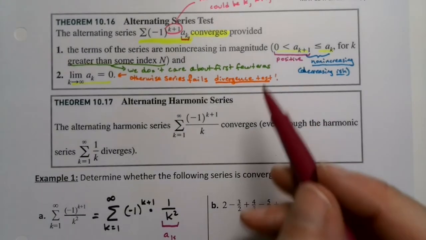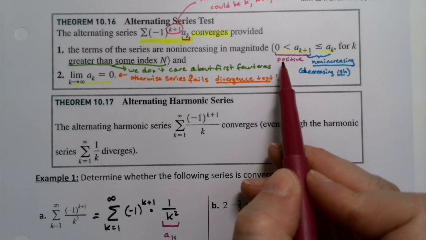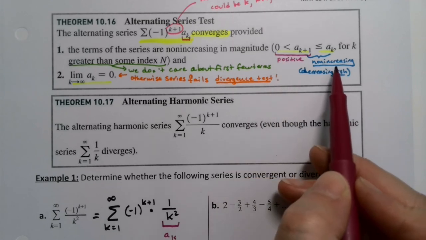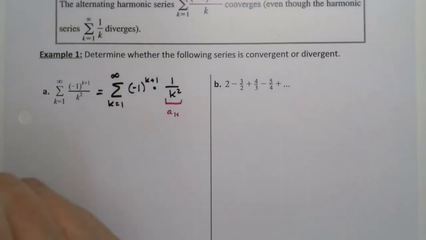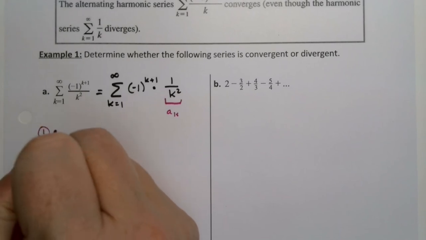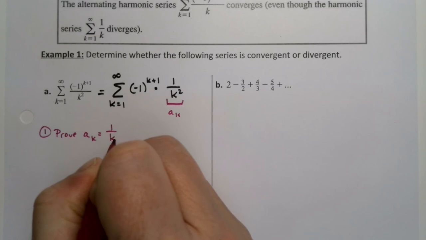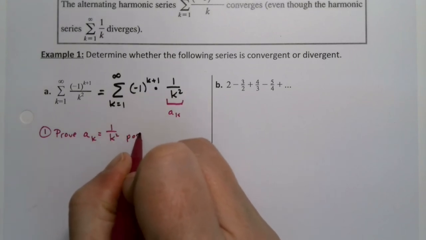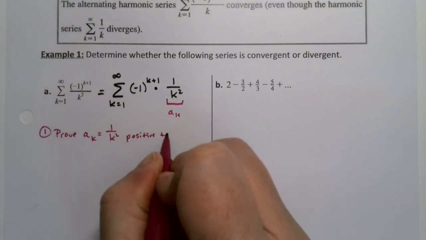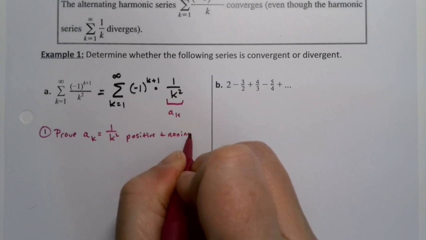So step 1, I have to prove that a sub k is positive and non-increasing.